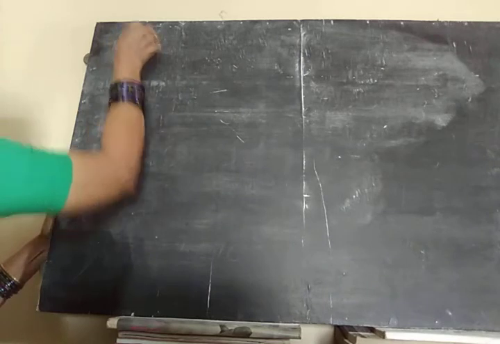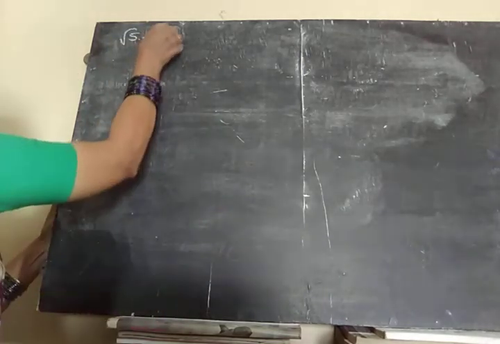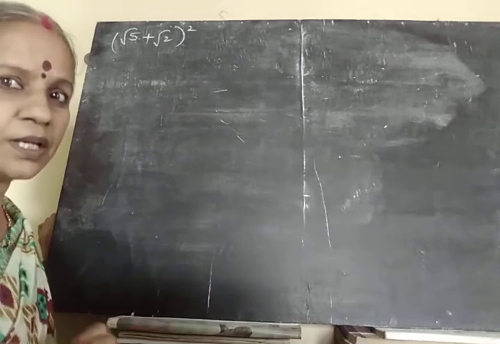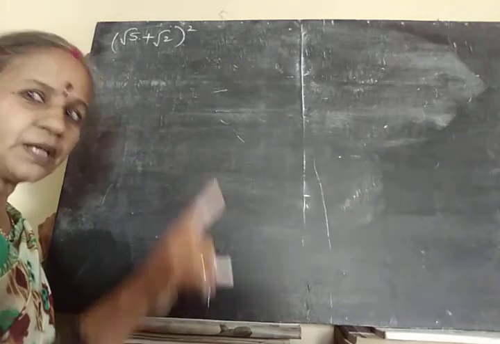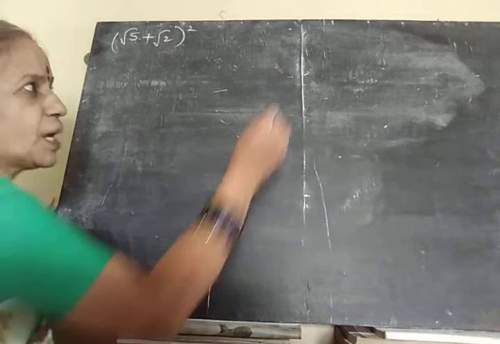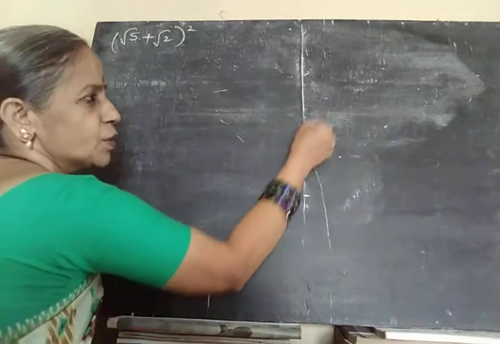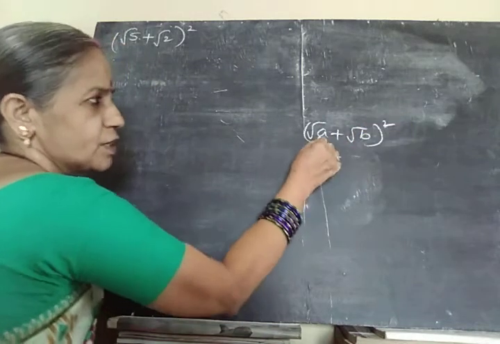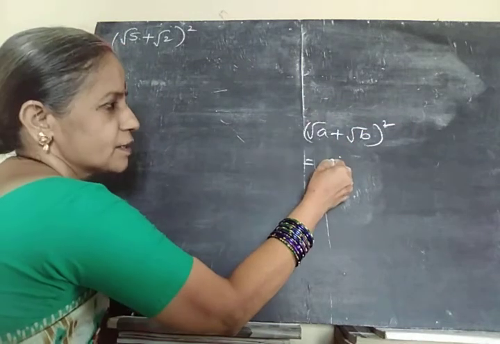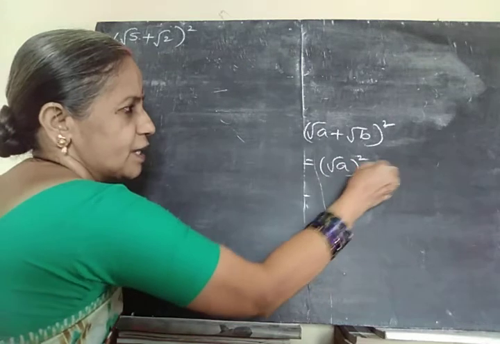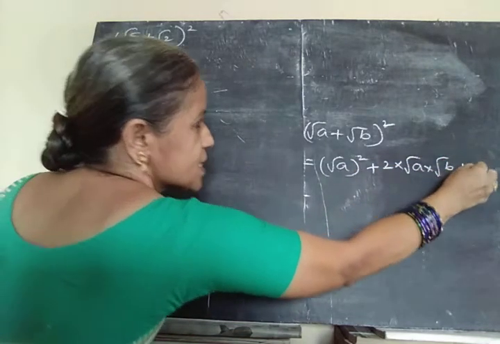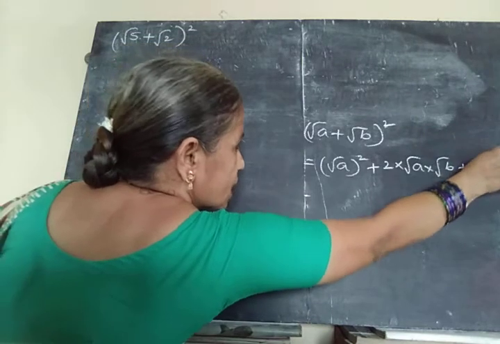Next, root 5 plus root 2 whole square. A plus B whole square: A square plus 2AB plus B square. Here root A plus root B whole square is equal to root A whole square plus 2 into root A into root B plus root B whole square.